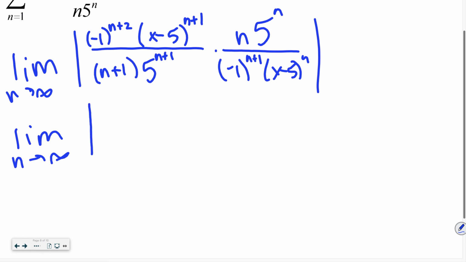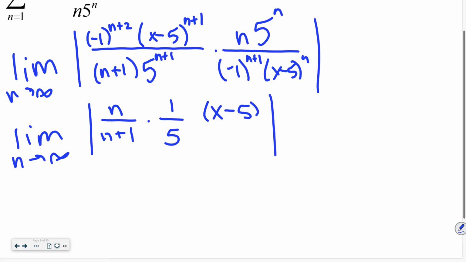First of all, I have an n over n plus 1. I have a 5 to the n over 5 to the n plus 1, that would be a 1/5. And then we have an x minus 5 to the n plus 1 over an x minus 5, so we're left with x minus 5.